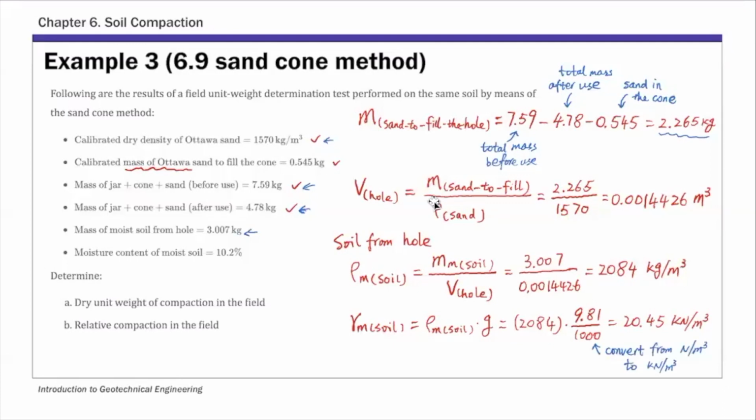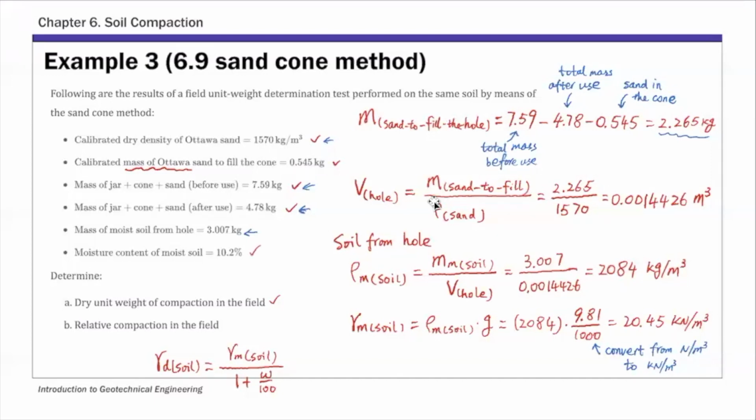And finally, our goal is to get the dry unit weight. So this dry unit weight is simply moist unit weight over 1 plus moisture content. So gamma D, that's dry, is the moist unit weight divided by 1 plus moisture content. Okay. And moisture content, we know it's 10.2%, so that's given. Okay.